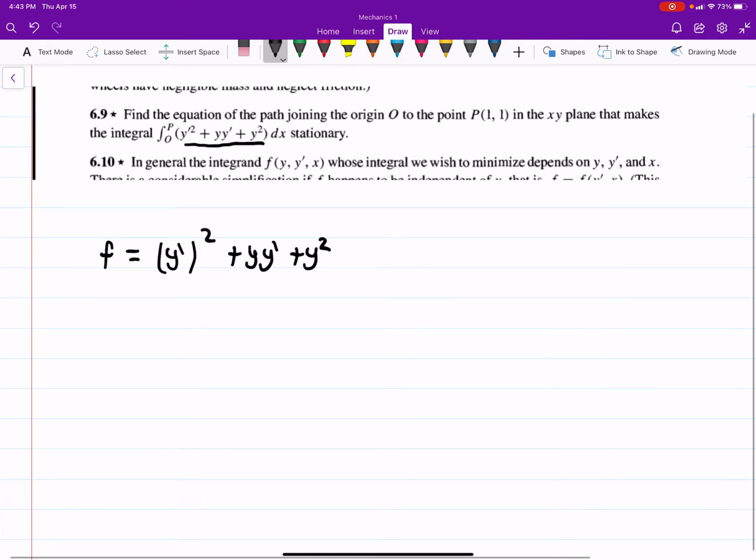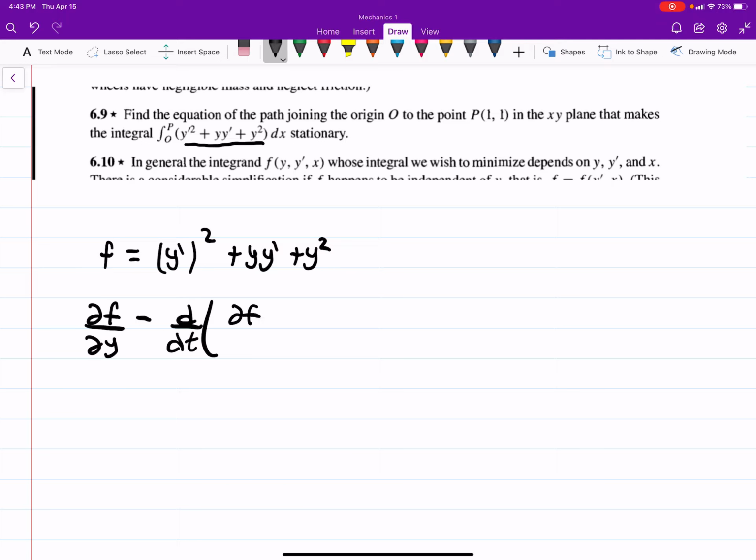And for it to be stationary, ∂f/∂y minus d/dx of ∂f/∂y' is equal to 0, the Euler-Lagrange equation.